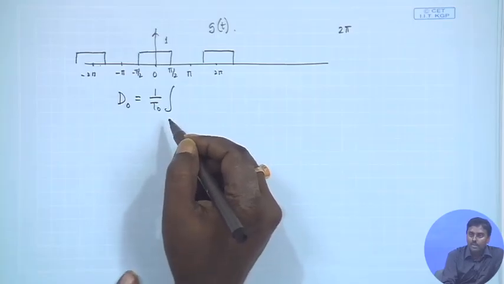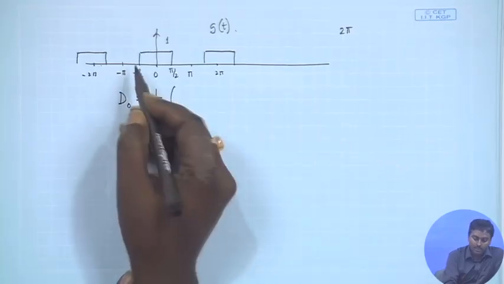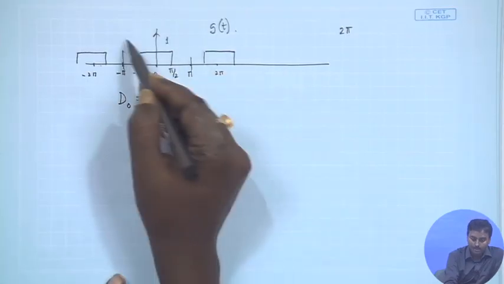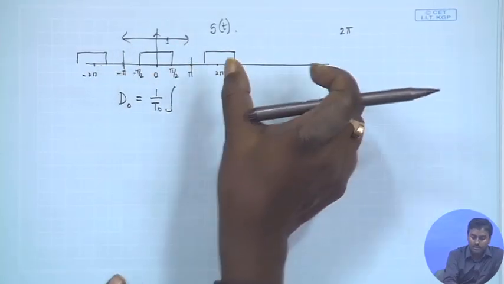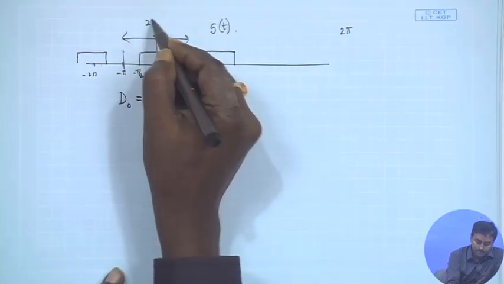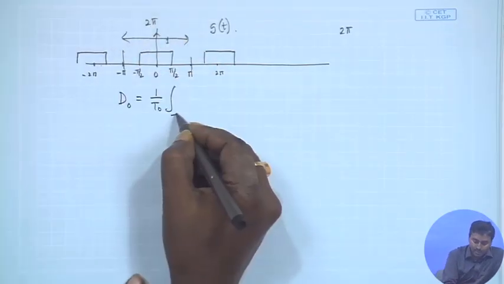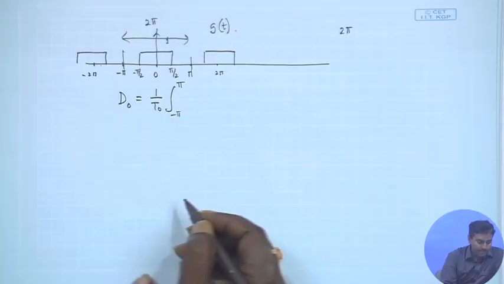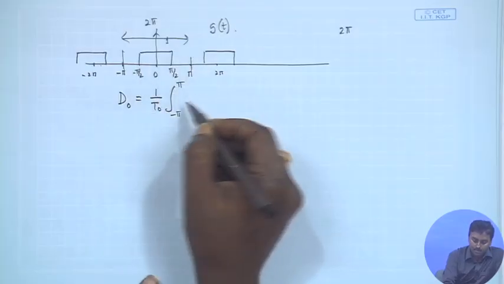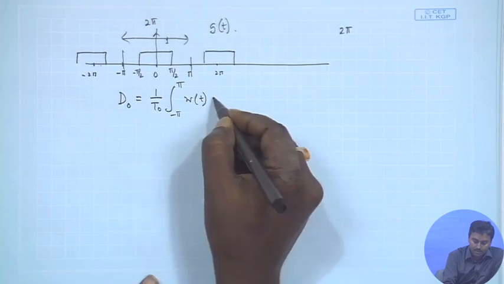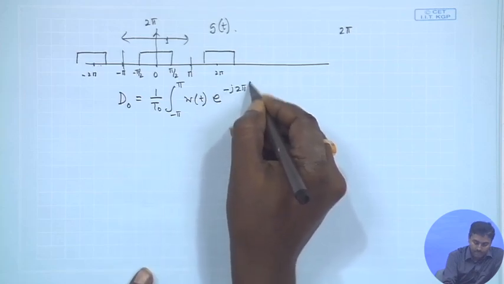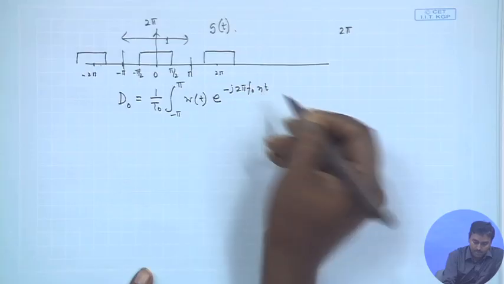Now I have to do it over a period, that should be minus pi to plus pi, that can be one period, it is 2 pi, because this thing gets repeated at every 2 pi. So minus pi to plus pi, I have to put the signal itself, which is omega(t), into e to the power minus j 2 pi f0 n t.